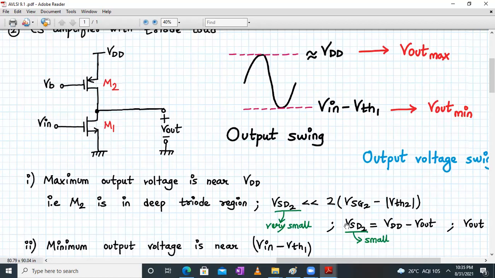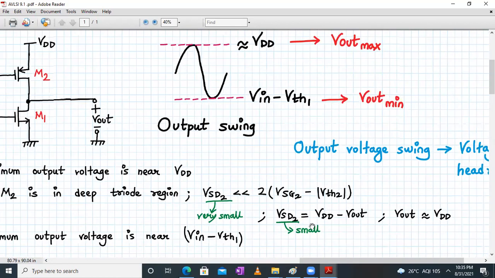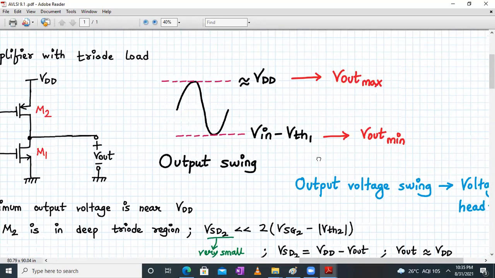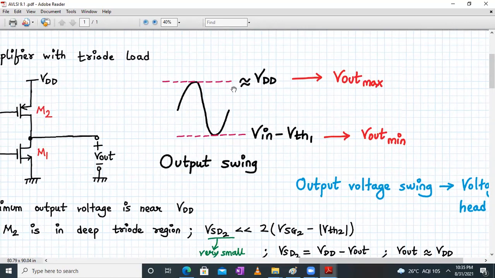So VSD2 is a very small value, approximately close to zero. Hence V out is approximately equal to VDD. That's why we can write V out max as approximately equal to VDD. It's not equal to VDD, but slightly less than that.